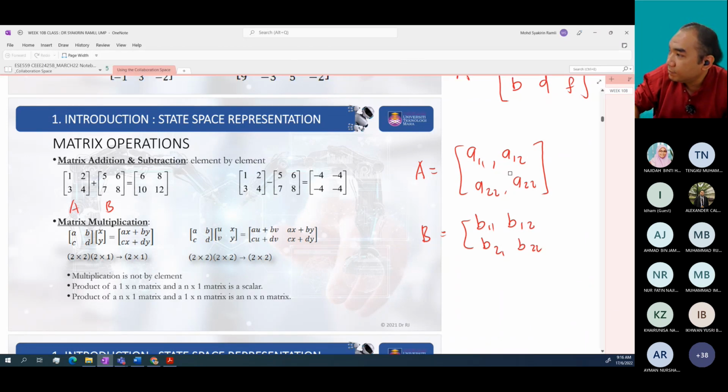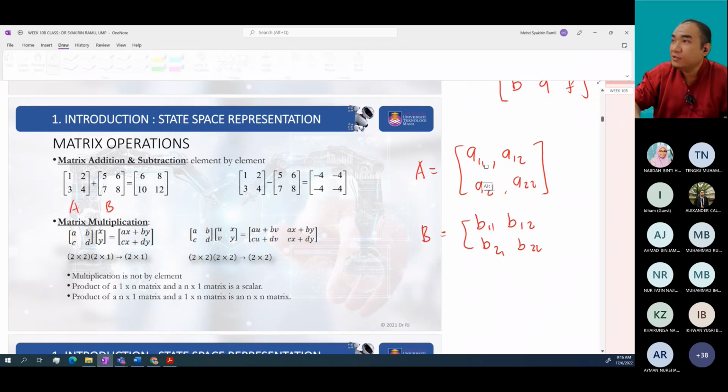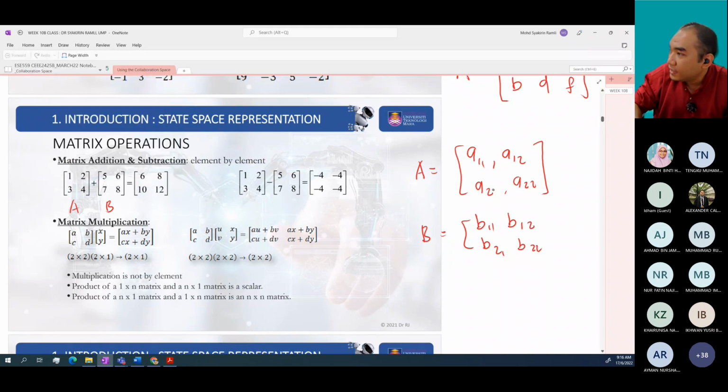Baik. Ini adalah A21 and this is going to be A22.